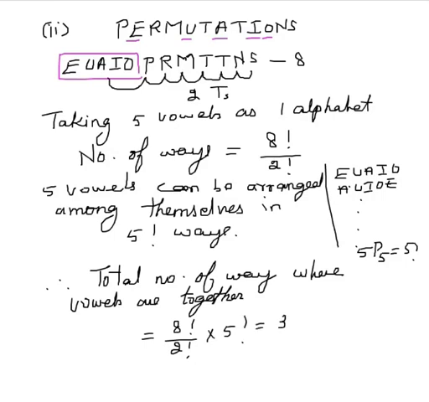Cancel 2 factorial, 3, 4, 5, 6, 7 and 8, and 5 factorial is 120. This answer is 2419200.